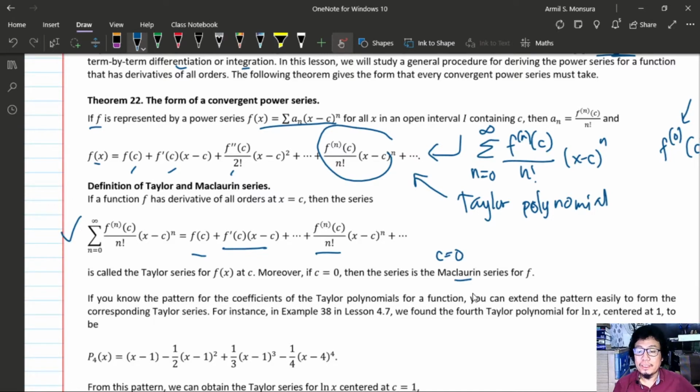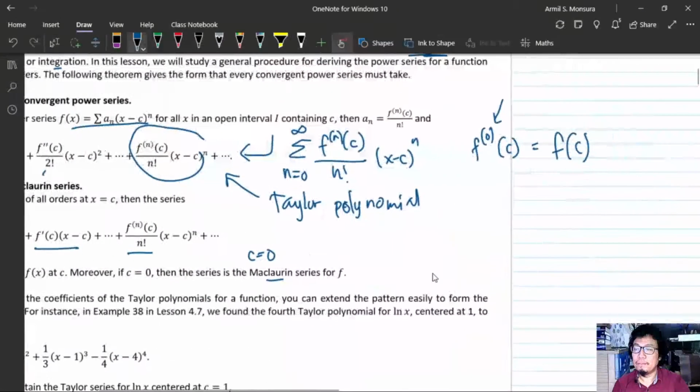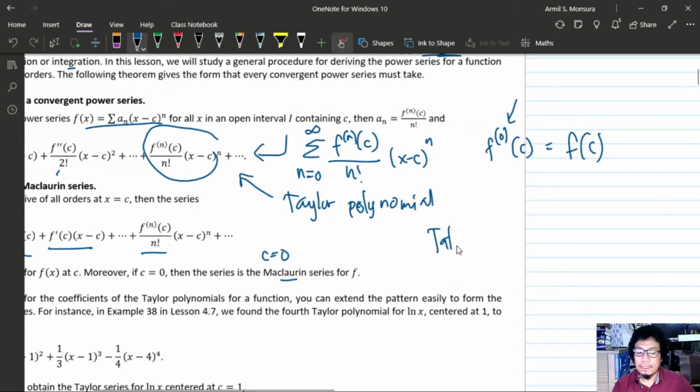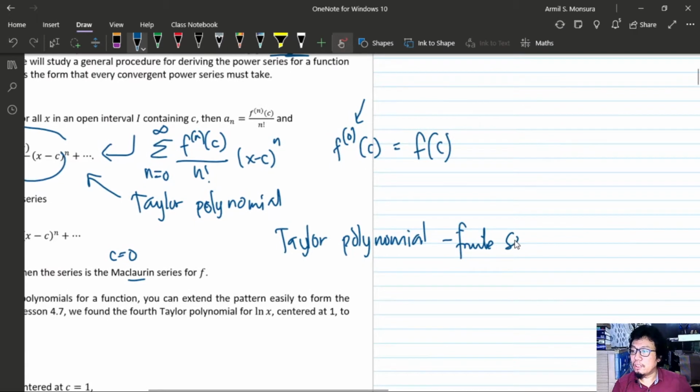What's the difference between a Taylor series and a Taylor polynomial? A Taylor polynomial, and its special case, the Maclaurin polynomial, are finite series.